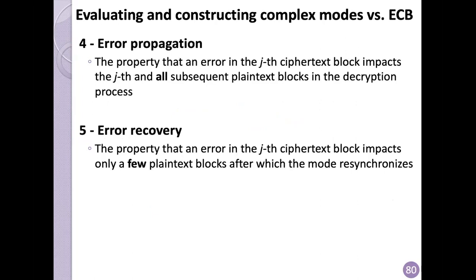And the two others are error propagation and error recovery. Error propagation says, look, you have encrypted something, and you provided me 10 blocks of cipher data, block 1 to block 10. This is the ciphertext, and I'm going to save it somewhere, or transfer it somewhere.